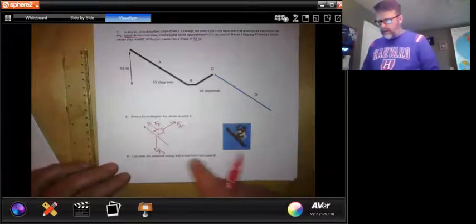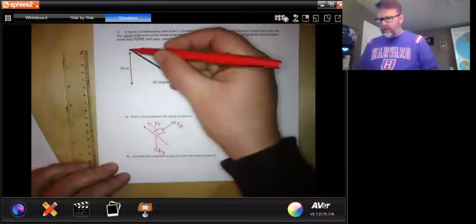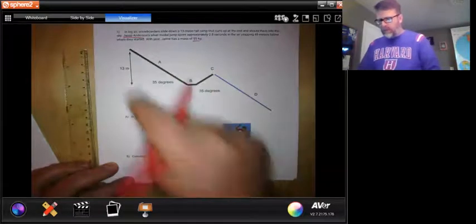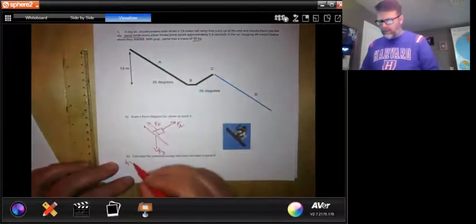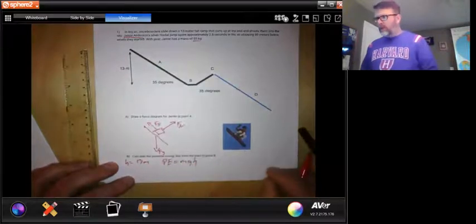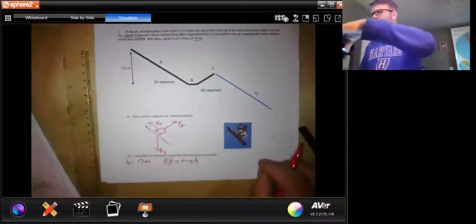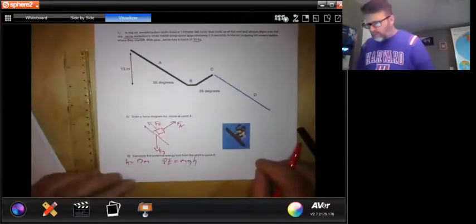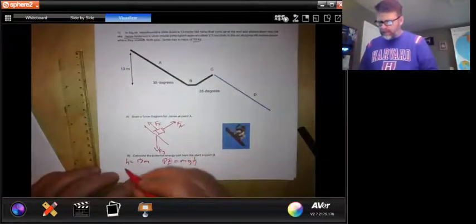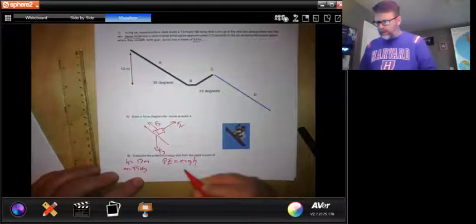All right, next up, calculate the potential energy lost from the starting point to point B. I gave you a huge hint here. Again, we have her mass, so everything's in the correct units.